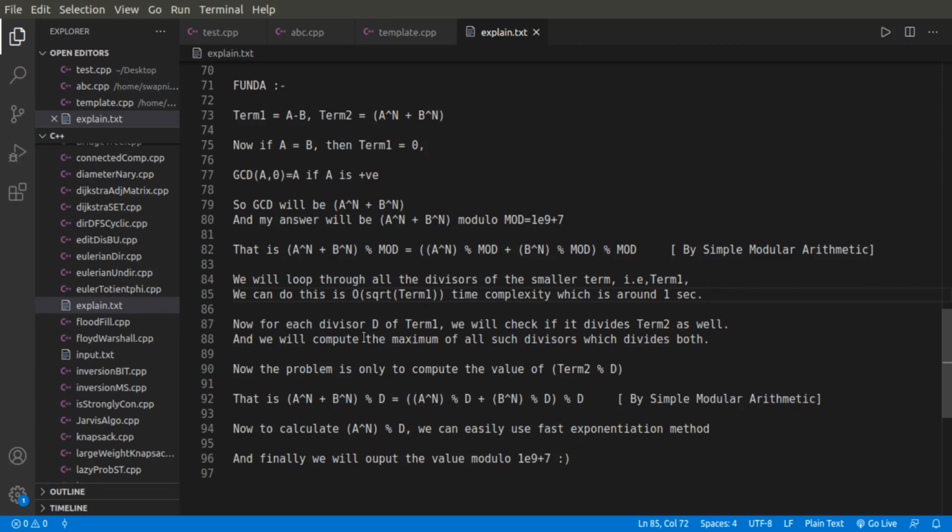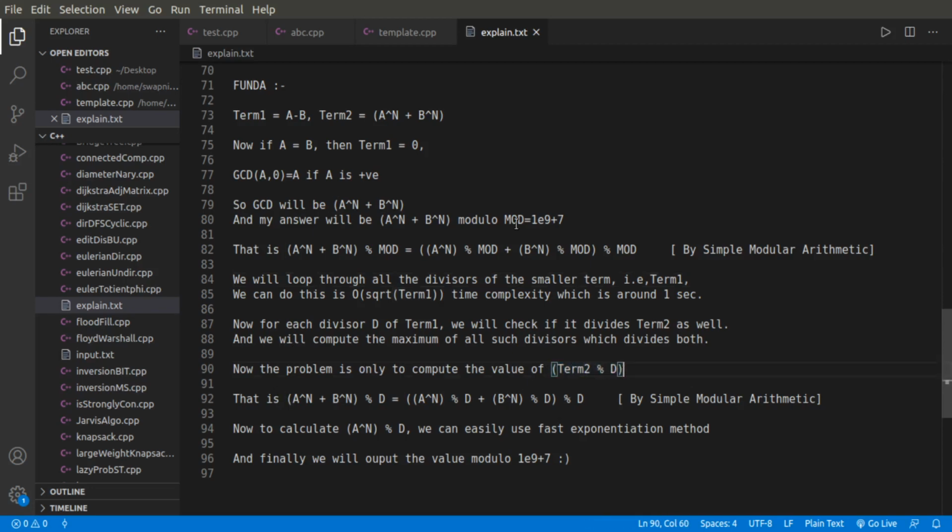For each divisor d of term 1, which I find with this loop, we check if it divides term 2 as well. If it divides term 2 as well, then we just compute the maximum of all such divisors which divide both. So my problem is kind of done, and we are only left with calculating my term 2 modulus that divisor.